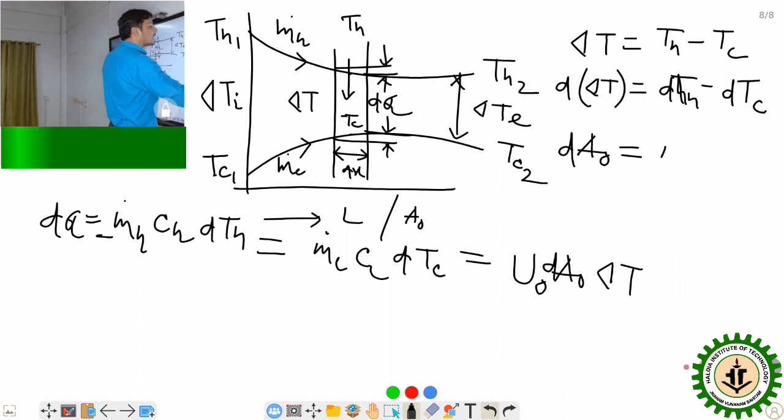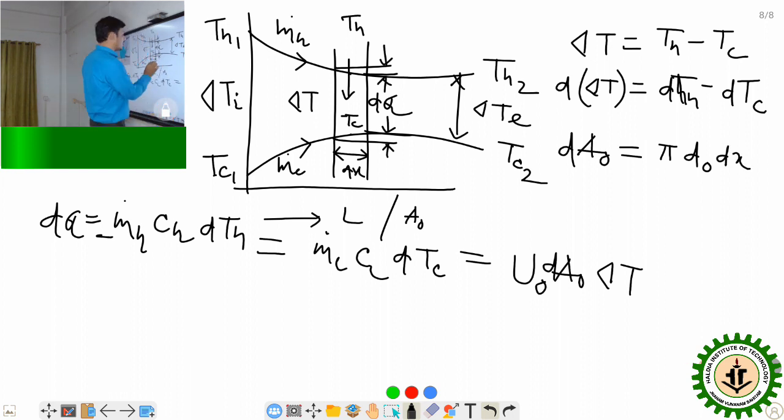So it is nothing but pi dO into dx, that length dx. These are the energy balance equations we can write here.